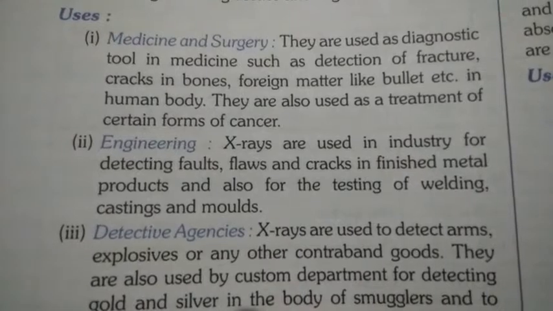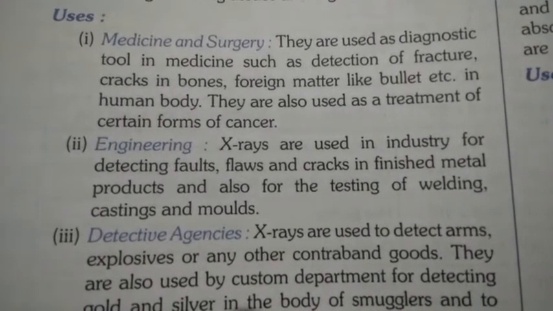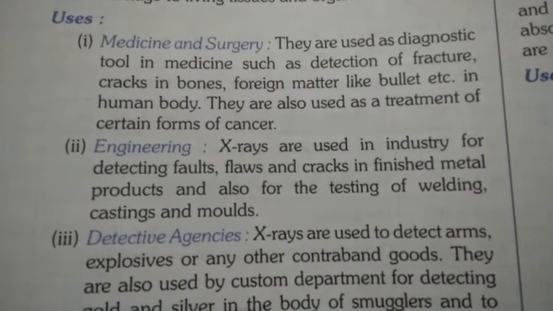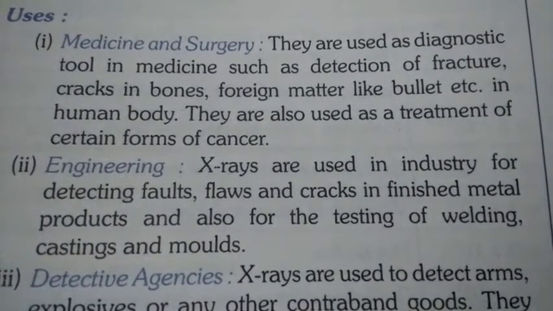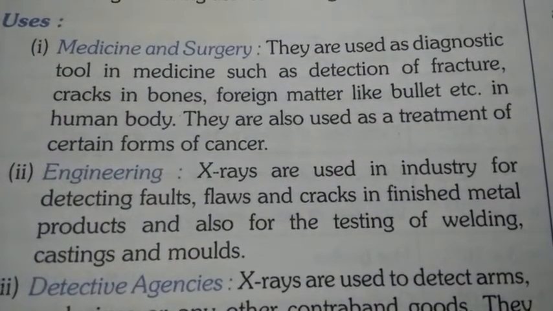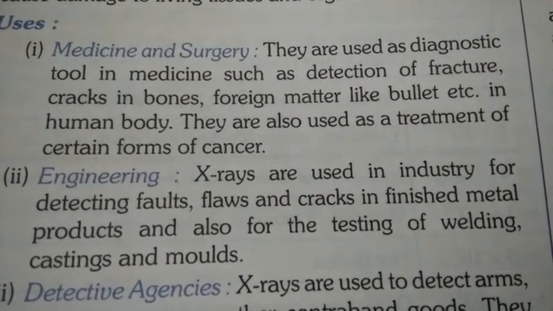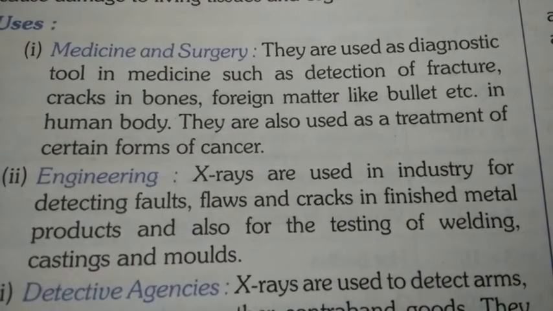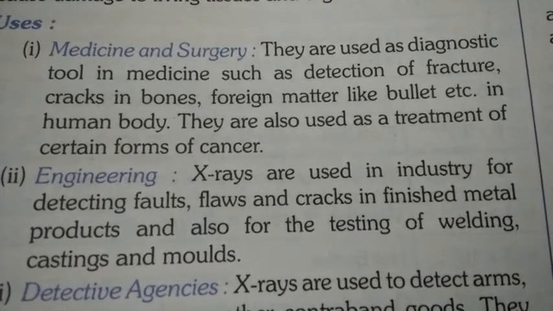Then uses. First, they are used in medicine and surgery. In that field, they are used as a diagnostic tool, such as detection of fractures, cracks in bones, and foreign matter like a bullet in the human body, because they penetrate the tissues, so they pass through flesh. But if any foreign elements are there in our body, they cannot penetrate them and an image is formed there.